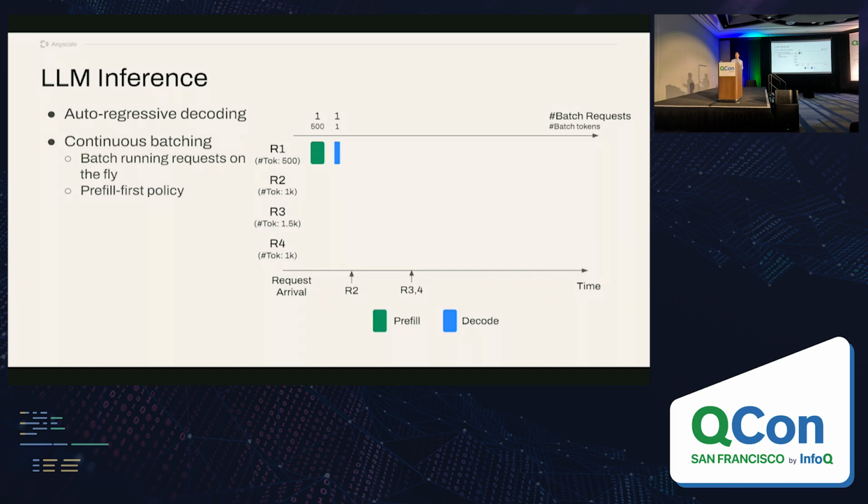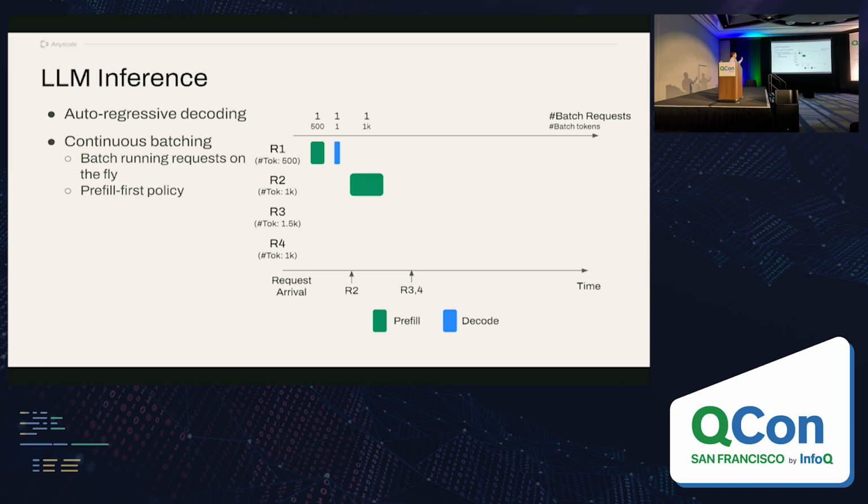Basically, we want to batch the requests coming from the users and decode them together. In this example, we have the first request coming in, and we first do the prefill to generate the KV cache for the input prompt. And after that, we get into the decode stage to generate the response token one by one. So let's say in this time period, you got the second request coming in.